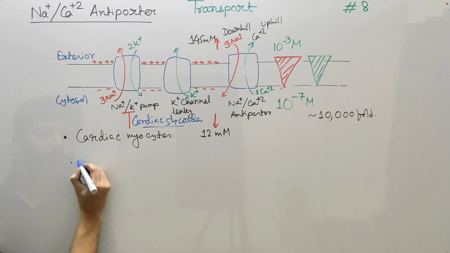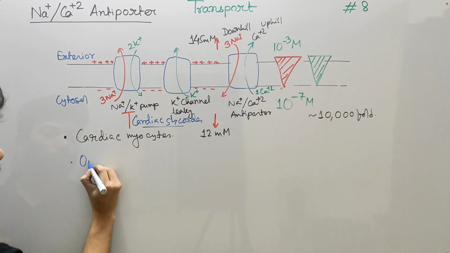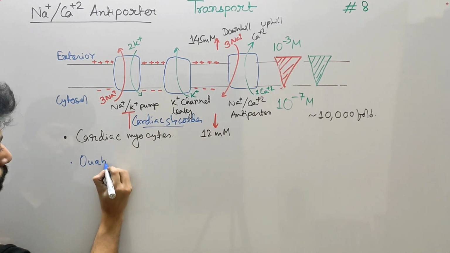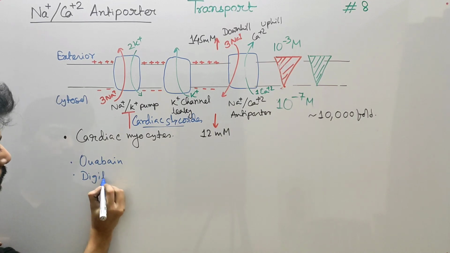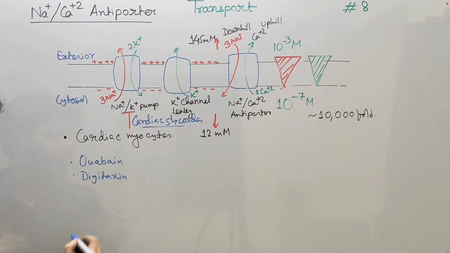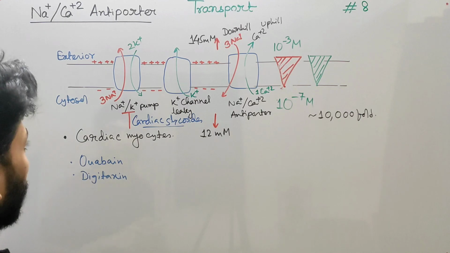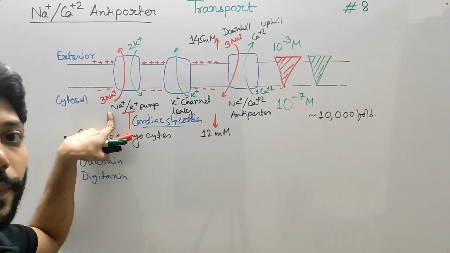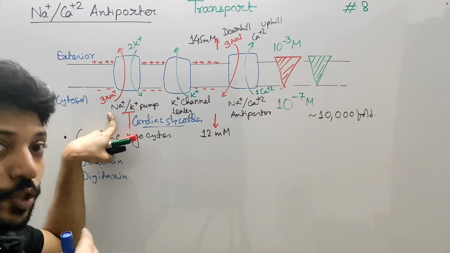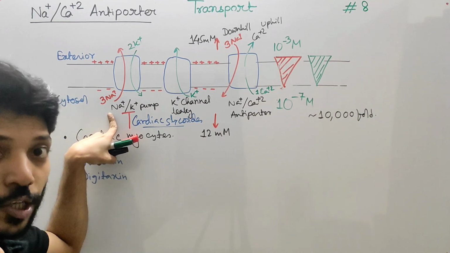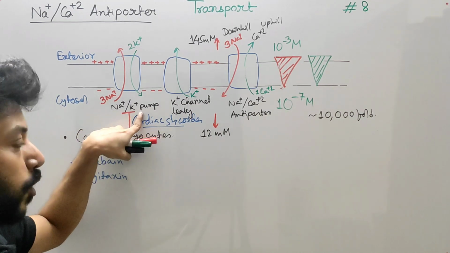Examples are ouabain and digitalis. These two are plant alkaloids that can inhibit the sodium potassium pump. And as I have mentioned, the sodium potassium pump generates the ion concentration gradient of sodium and potassium.